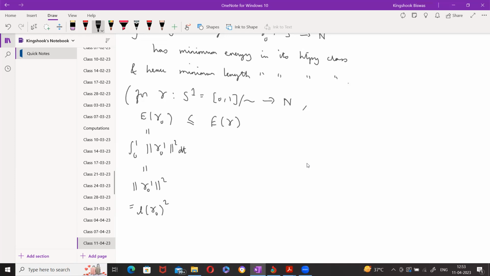See, length is invariant under reparameterizations, right?